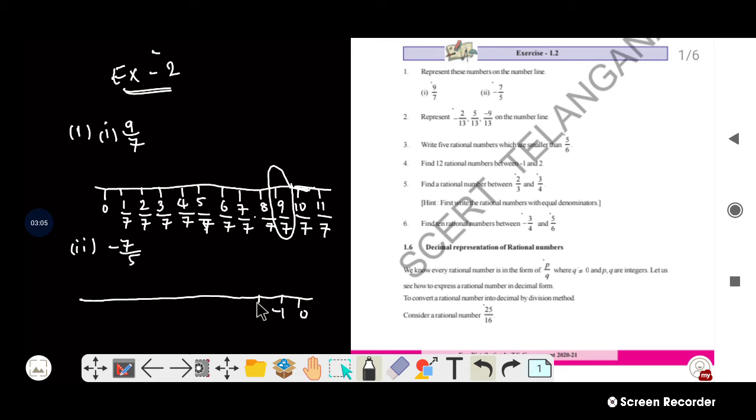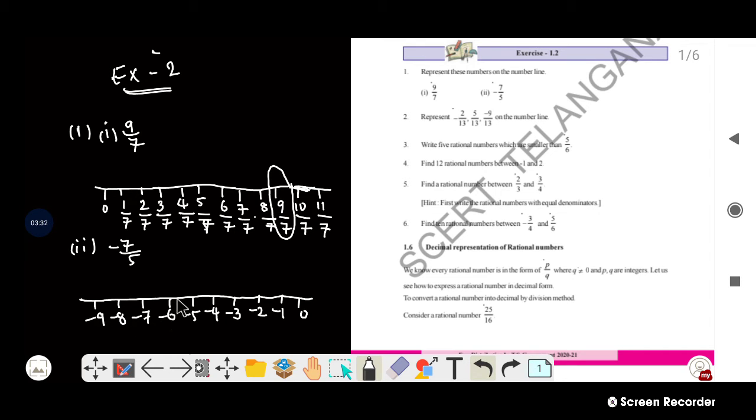minus 1, minus 2, minus 3, minus 4, minus 5, minus 6, and minus 7, minus 8, minus 9.